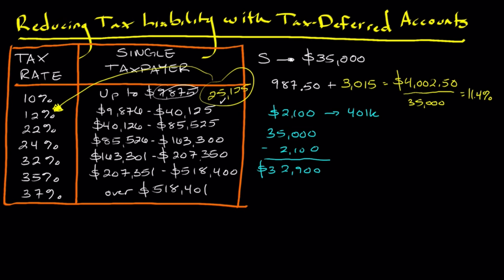This is our adjusted gross income now, because that $2,100 that we contribute to our 401k is tax deferred. Instead of paying taxes on it initially, we're going to pay taxes on it in the future. So now we need to update our tax liability because it's a little bit different.